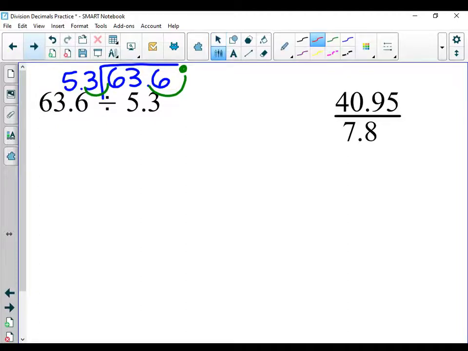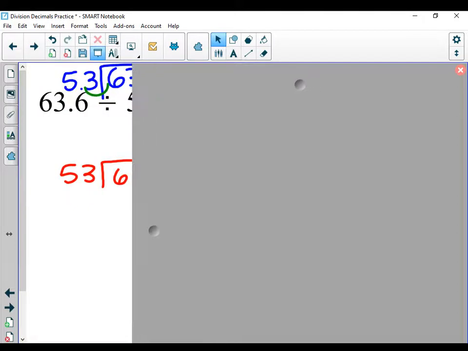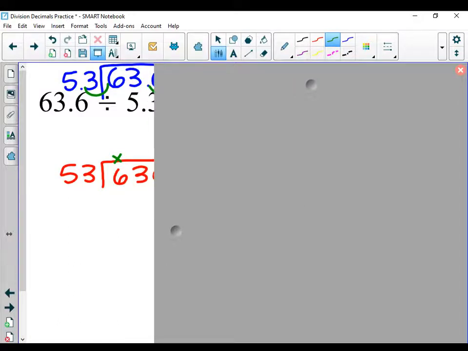First number on the inside. No decimals outside. Move the decimal straight up. Work my way left to right. 53 into 6. No. 53 into 63.